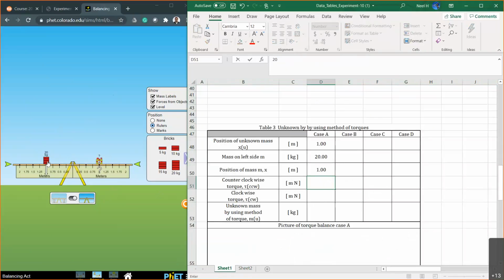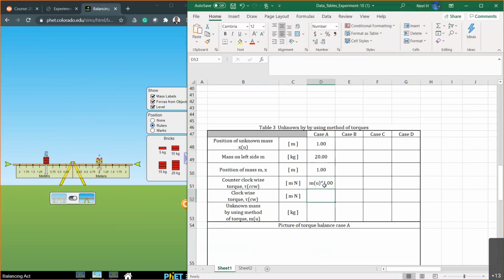So the torque, clockwise, equal sign. Clockwise means mass unknown, xu. You need to write down the formula there, okay? Mass unknown xu multiplied by the distance for that mass, 1 meter, 1.00.